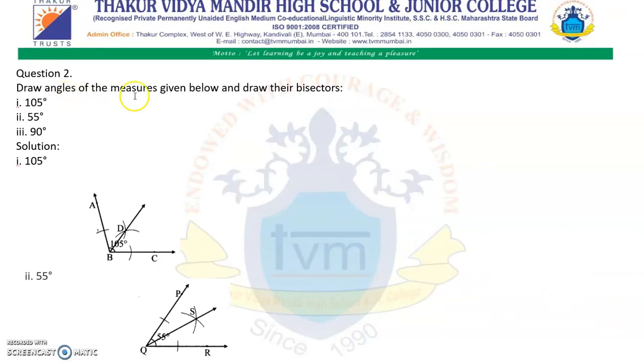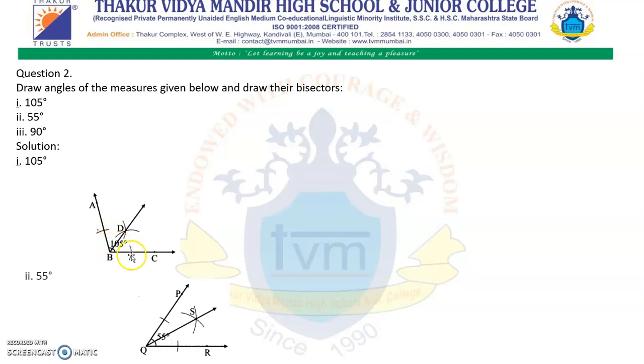Question 2. Draw angles of the measure given below and draw their bisectors. First question, 105 degree. Draw an angle of given measure 105 degree. Keep the pointer at B. Take any radius and make two arcs on the arms of the angle.